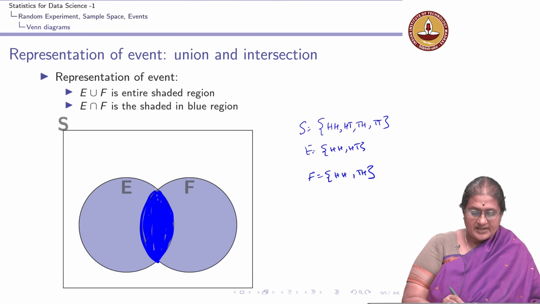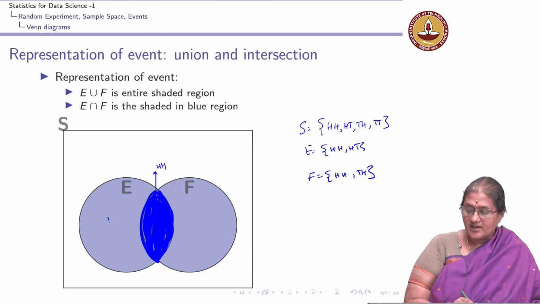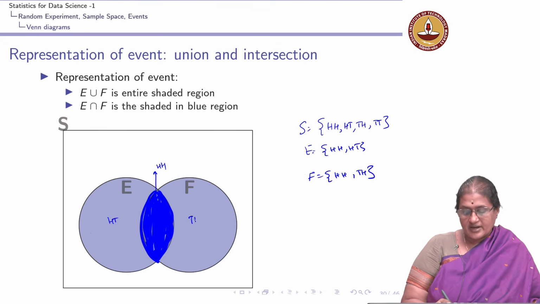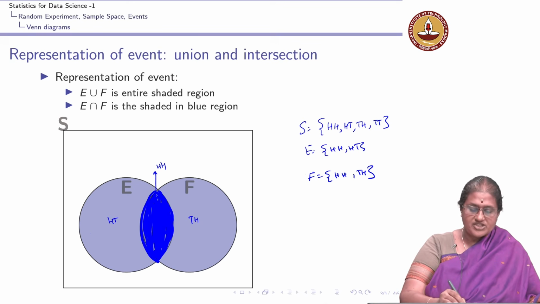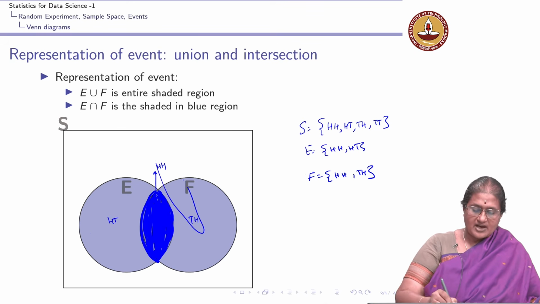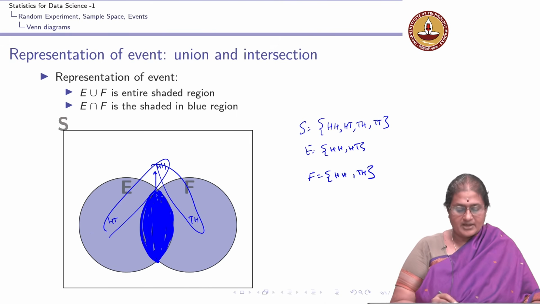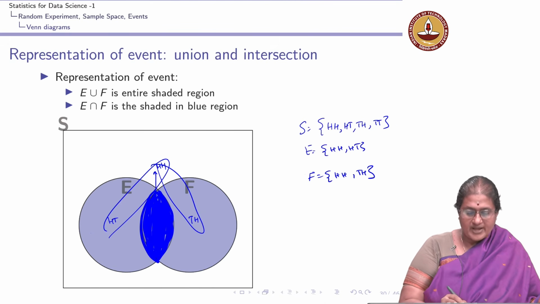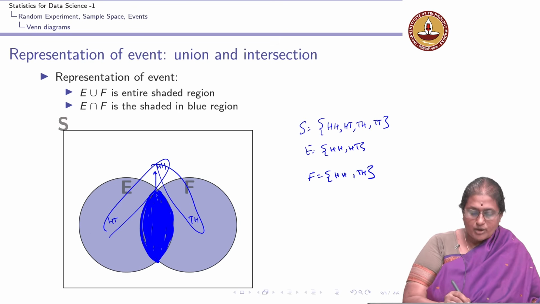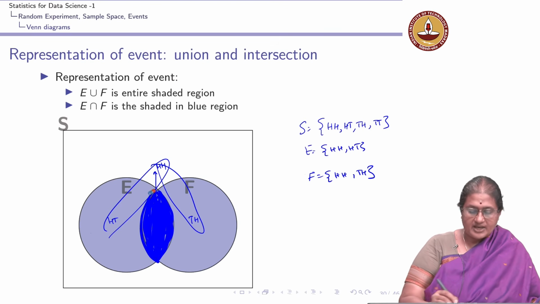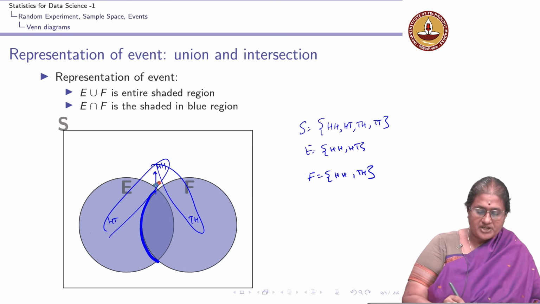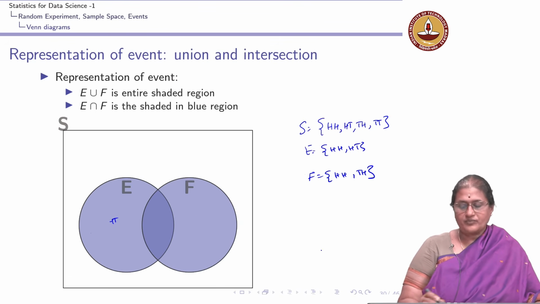So, you can see that the outcome HH is in my shaded region, HT would be here and TH would be here. These two outcomes are in my F, these two outcomes are in my E, and this outcome HH is common to both E and F, which will appear in the shaded region.